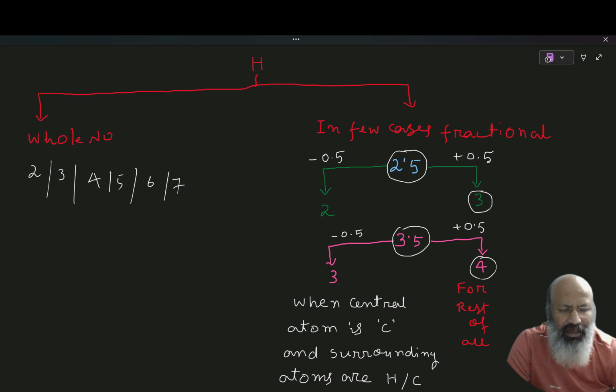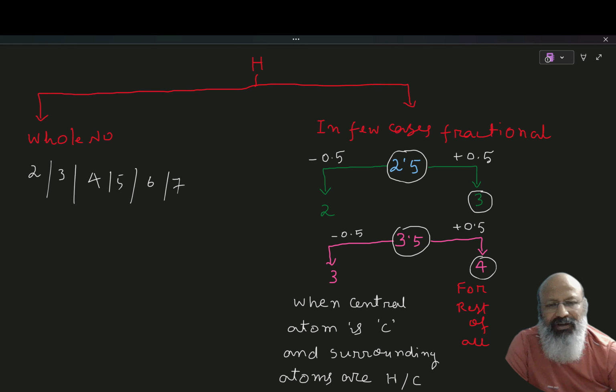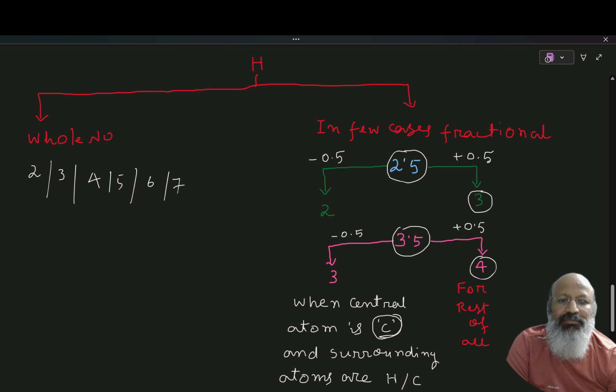Now, I'm giving you one rule for when to add 0.5 and when to subtract 0.5. देखो 0.5 कब सब्ट्रैक्ट करना है वो ध्यान से देखो. When the central atom is carbon, कार्बन जब सेंट्रल एटम होता है, and surrounding atoms are either hydrogen or carbon or both combined.